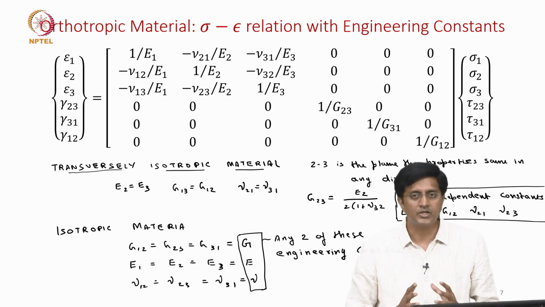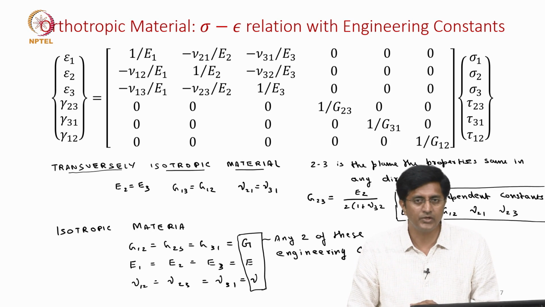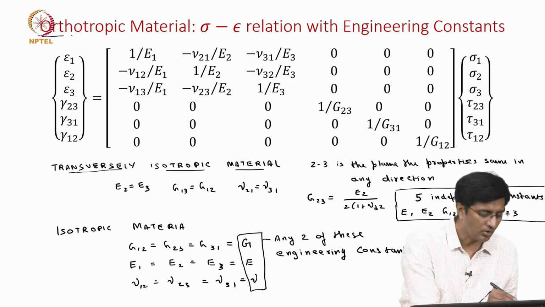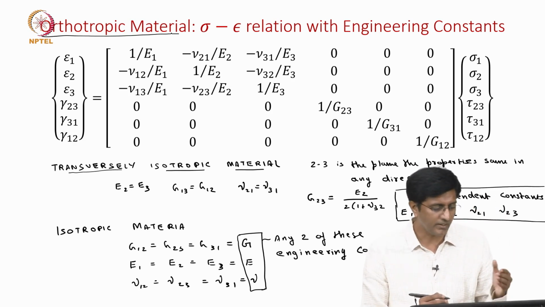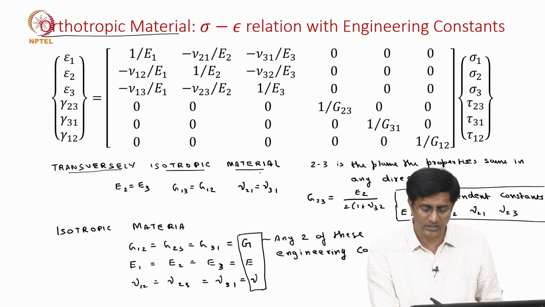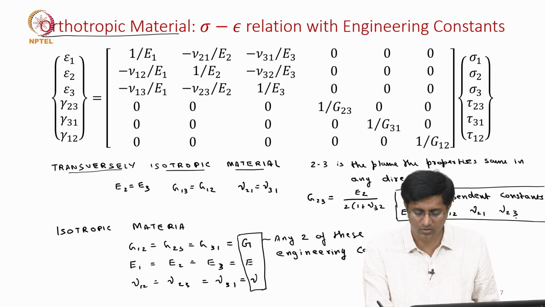Okay. So, in summary, what we have seen in this video is that we are able to write the stiffness components and the compliance components in terms of the 9 engineering constants to start with for the orthotropic material. But later when we move to the transversely isotropic material, we said these engineering constants can be reduced to 5 engineering constants shown here, which are E1, E2, G12 and 2 Poisson ratios, nu 12 and nu 23.